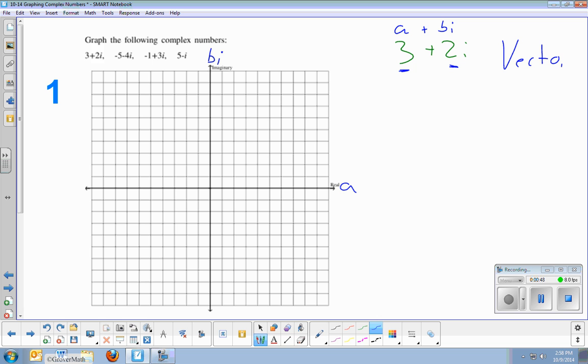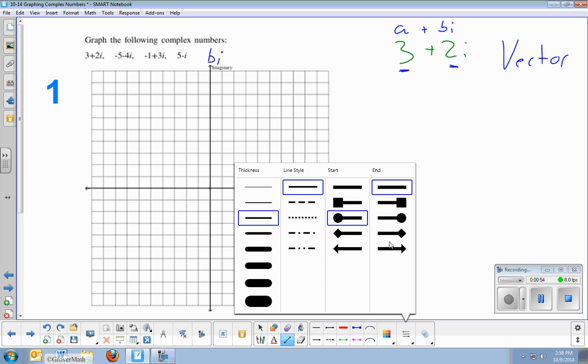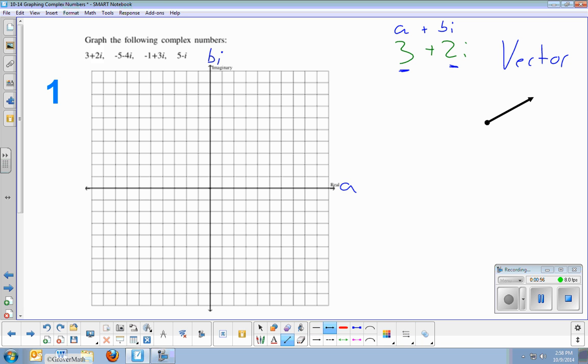A vector is kind of like in geometry, like a ray, where it has a beginning point and then an arrow pointing. This is what a vector looks like. And so to graph the vector of 3 plus 2i, what you first want to do is think about where the point 3 plus 2i would be. 3 on the x-axis is over 3, and then bi is the y-axis, so that would be right here.